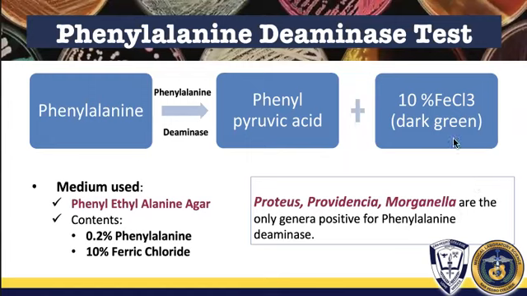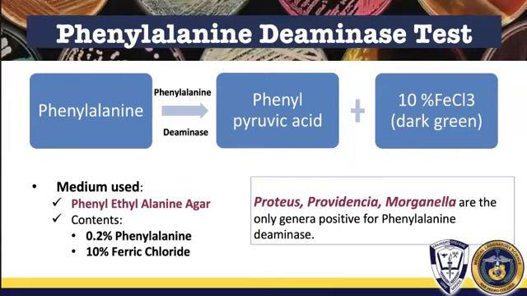Okay? This is common in most biochemical tests, like in indole, where we add the aldehyde reagent to see the indole. Otherwise, we cannot determine it. And the same goes for seeing acid production, where most pH indicators have that task. Okay? So for phenylalanine deaminase, 10% ferric chloride is also added to visualize phenylpyruvic acid.